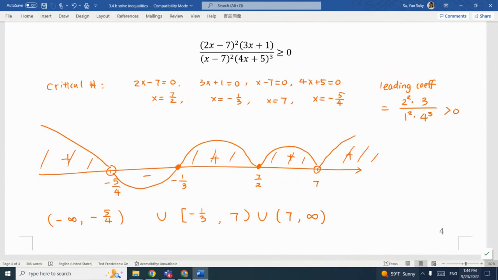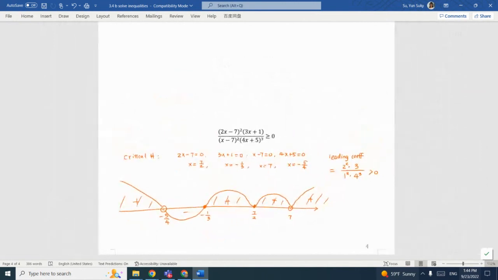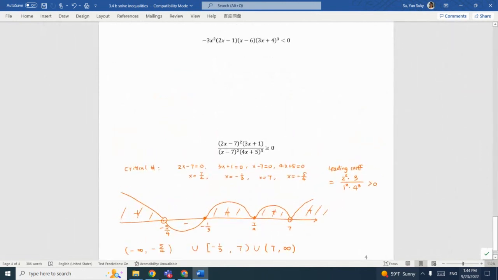Okay. How about you do some exercise? How about you do the next? What's the next one? Okay. You do this exercise. Yes, the top problem, right? Do it.